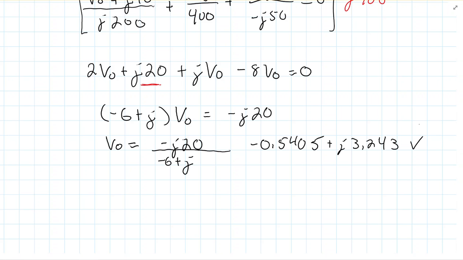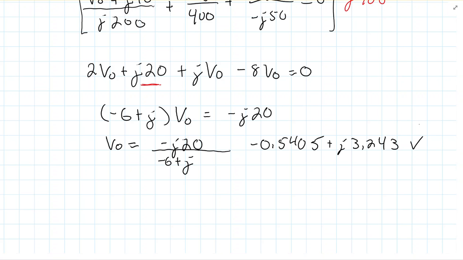Alright, and then what you want to of course do, because we want to write this as a final answer, we're going to want to convert this to polar. When I did that, I just had it in radians, and we typically want to have this in degrees.